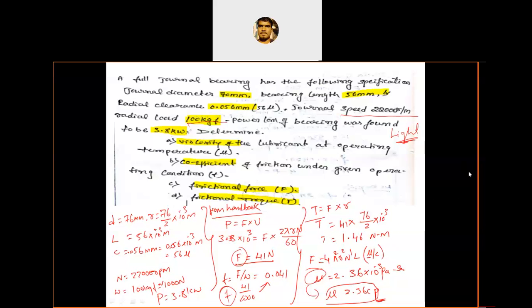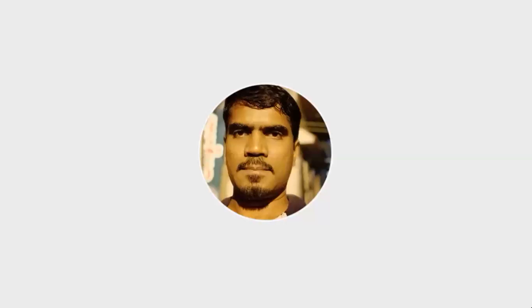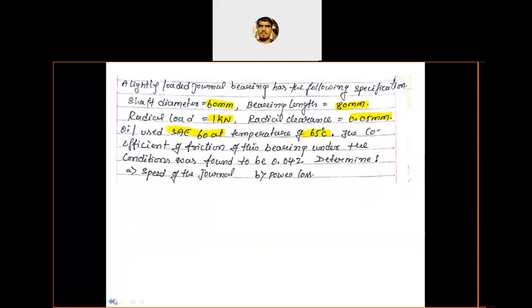So next important problem is, a lightly loaded journal bearing has the following specification: shaft diameter 60 mm, bearing length 80 mm, radial load 1 kilonewton, radial clearance C is given, oil SAE 60 at a temperature of 65.